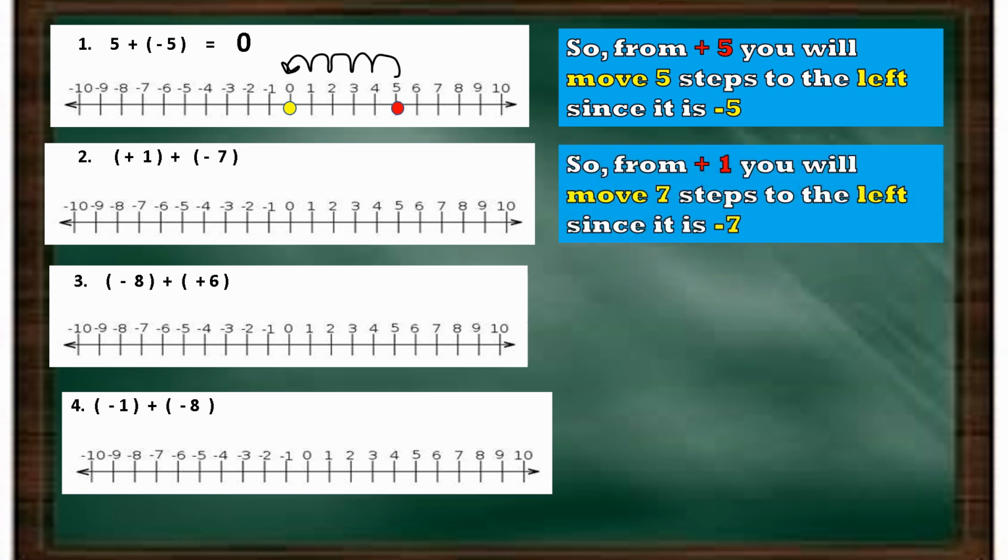Number 2. Positive 1 plus negative 7. So, from positive 1, you will move 7 steps to the left since the second number is negative 7. So, the answer of number 2 is negative 6.